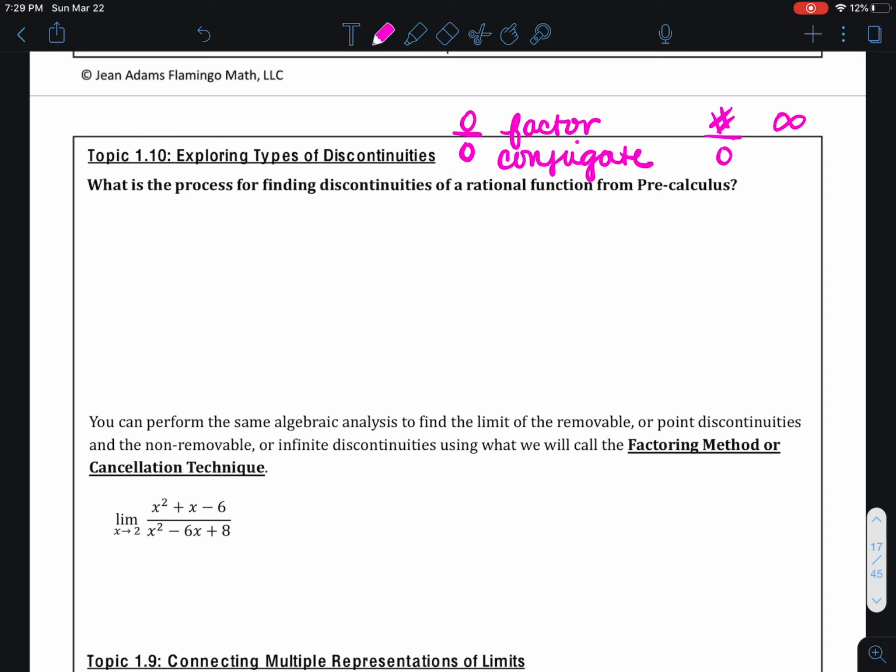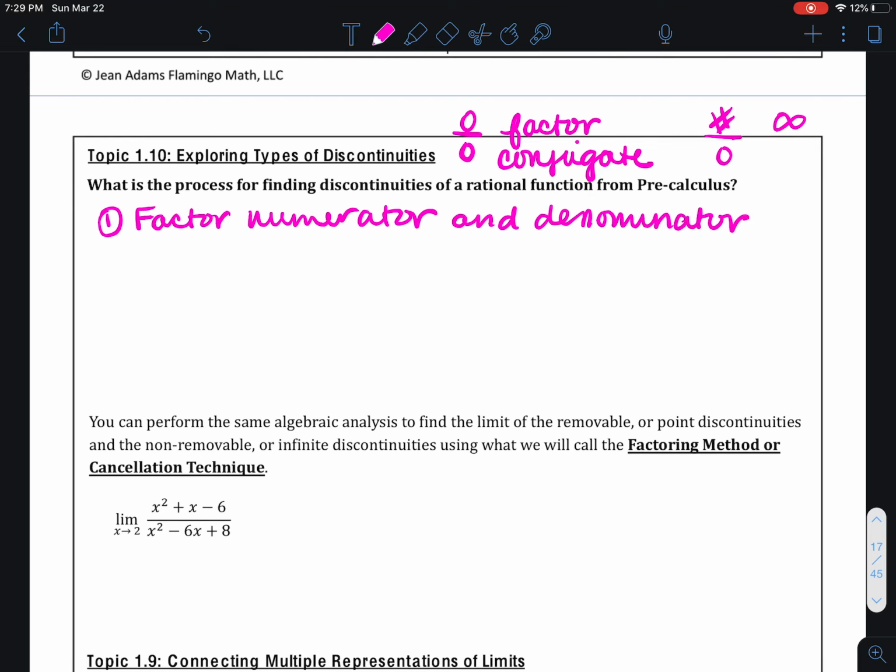So the process for finding these discontinuities in rational functions, which is particularly where we see them, is to factor the numerator and denominator. After you do that, you're going to simplify, cancel out that term that's making the top and the bottom 0.